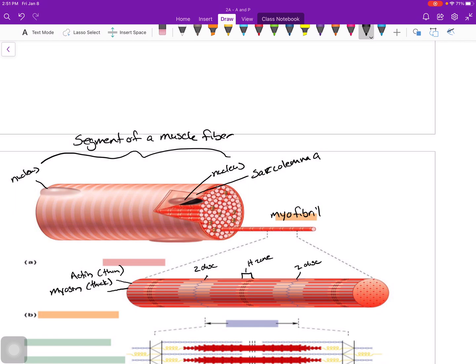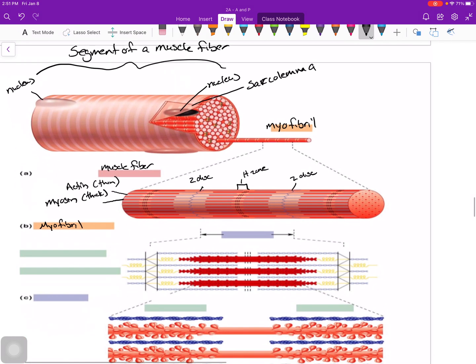Okay, now, what I have right here, guys, this is, as I said, the muscle fiber. That's a segment of it. Right here is part of the myofibril. This section, what we're looking at right here. Now we're going to go further down and dissect this section, and we're going to be in the sarcomere, which we said was the contractile unit.